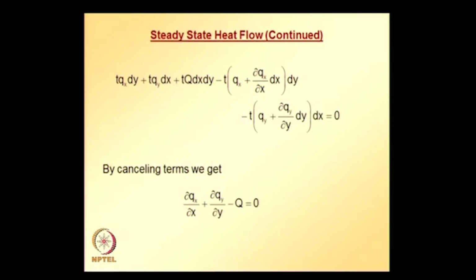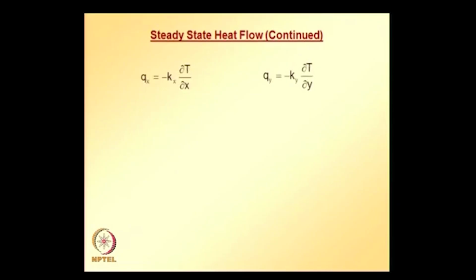and substituting the heat flux, that is Qx Qy, in terms of thermal conductivity coefficients along x and y directions. We know that Qx Qy are related to thermal conductivity coefficients through these equations.